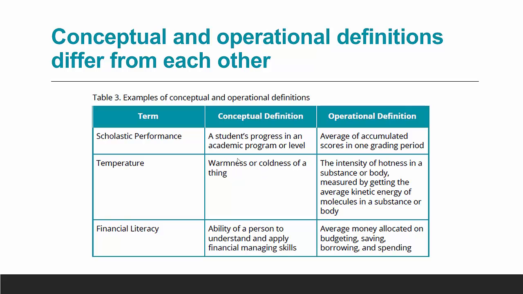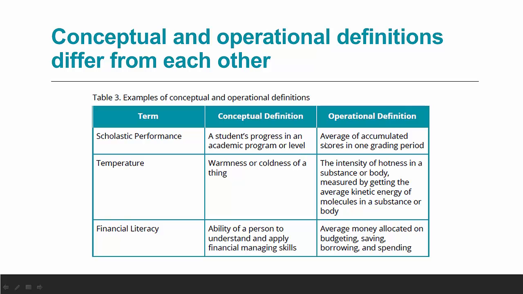Okay, so we have here an example of operational definitions. These are the example terms: scholastic performance, temperature, financial literacy. Conceptual definition of scholastic performance: a student's progress in an academic program or level.